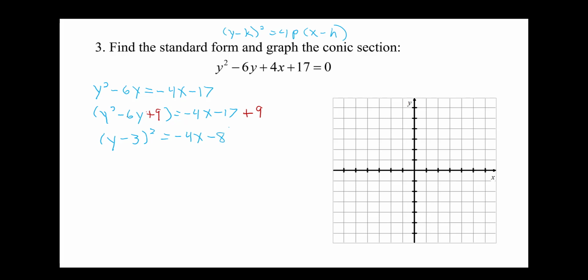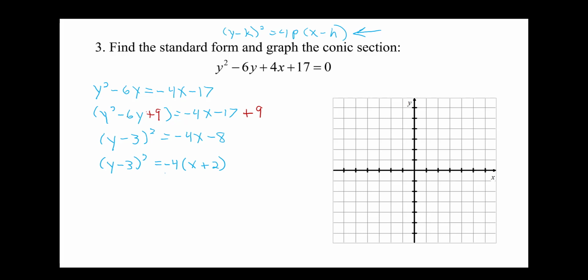Okay. So let's go ahead and try to get our equation so it looks just like we have up here. We have (y minus 3) squared equals, we're going to factor out a negative 4. And then we have negative 4 times (x plus 2). Okay, so what do we know from this?